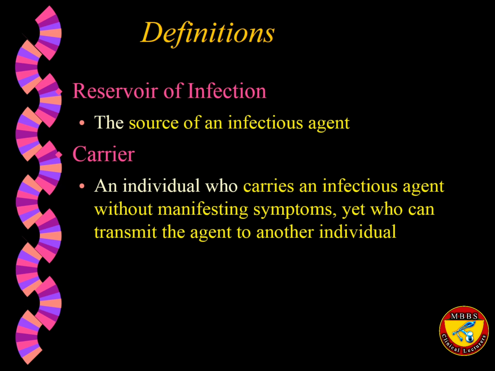Certain organisms serve the purpose of being a carrier, but they are not the reservoir. A reservoir has to harbor and keep reproducing that infectious agent and serve as a potential supplier of it, while a carrier is the one who is transmitting, does not manifest symptoms, and just transmits the agent to another individual.